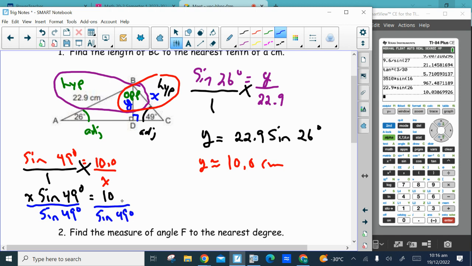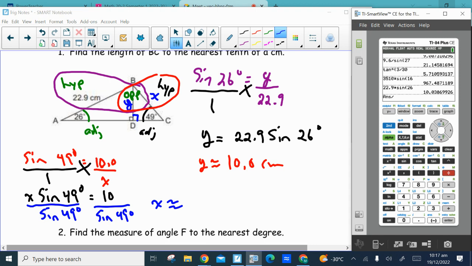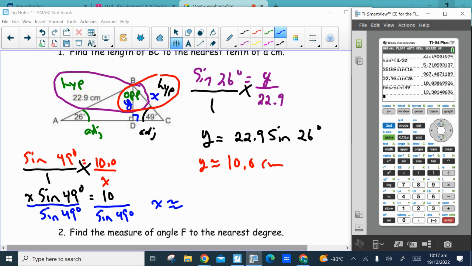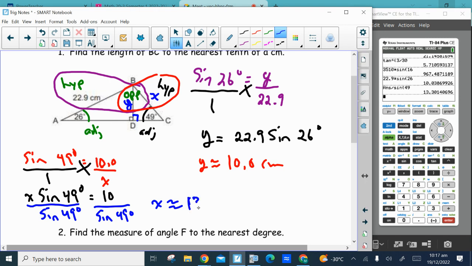And I've said this many times, it's important to keep numbers in your calculator. We only round off our final answers, and that value of 10 that I rounded is in my calculator. And I get my answer for x by dividing that number, which I'm keeping in my calculator, by the sine of 49 degrees, which gives us 13.3 as the answer.